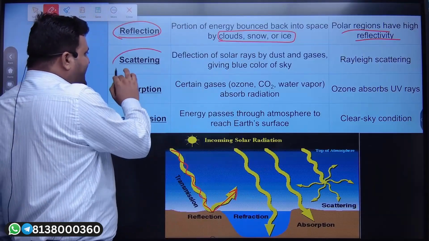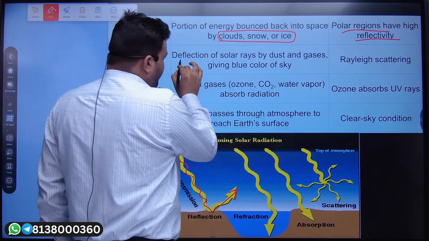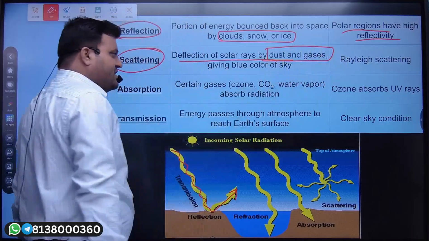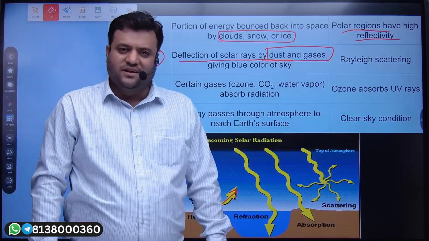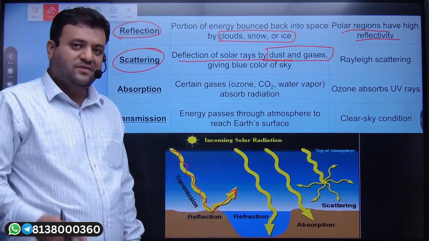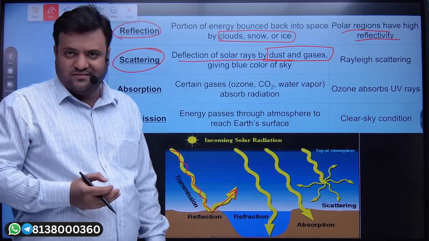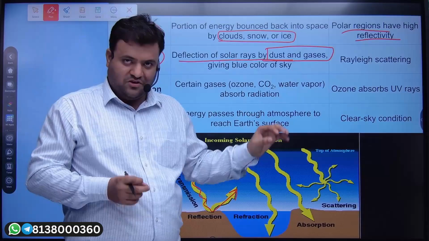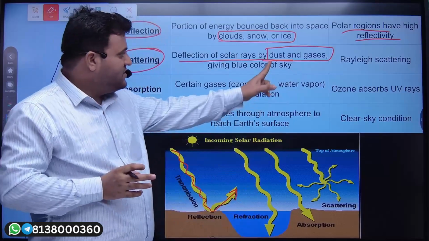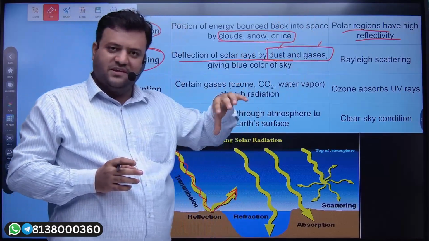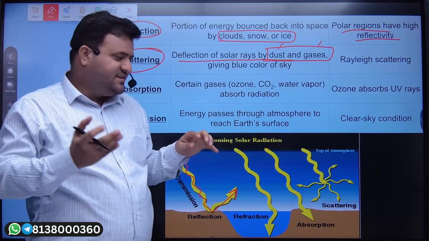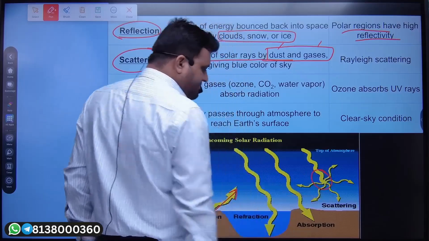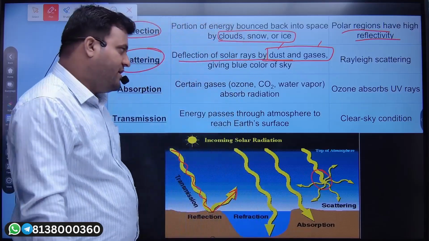Then we could have a scattering. So when we have a deflection of solar rays because of the gases and dust particles in the atmosphere, I told you the atmosphere is comprised of solid, liquid and gaseous components. So when we have those solid particles, specifically dust particles, and some gases present in the atmosphere, and the sunlight interacts with them, as a result there will be a scattering of light.